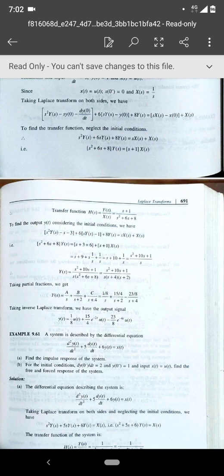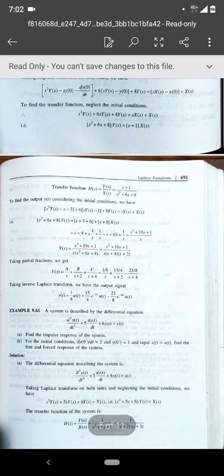But if you want to find the impulse response, then the input of the system should definitely be an impulse, so x of t should be equal to delta of t. Whenever you give the input as delta of t, you'll get a response, and that response is called the impulse response.